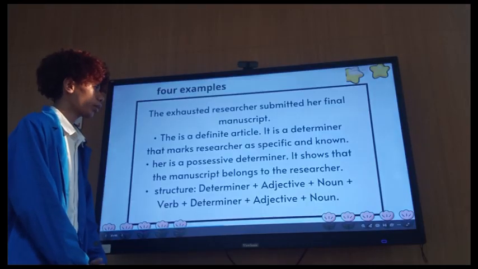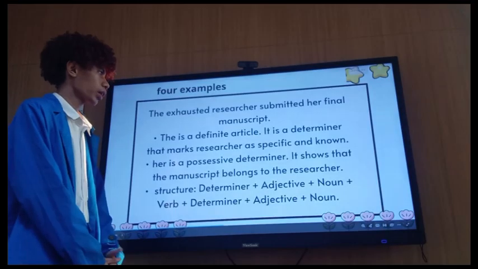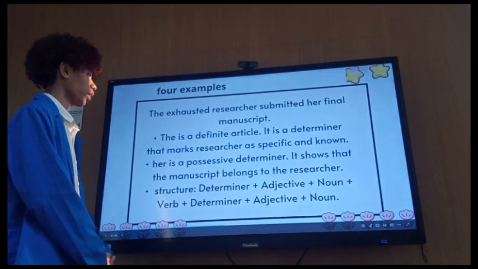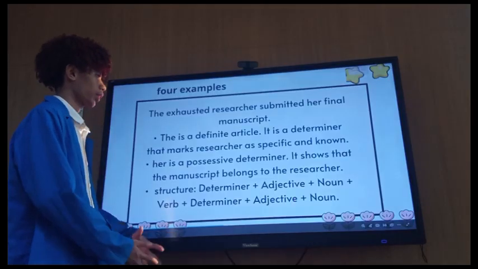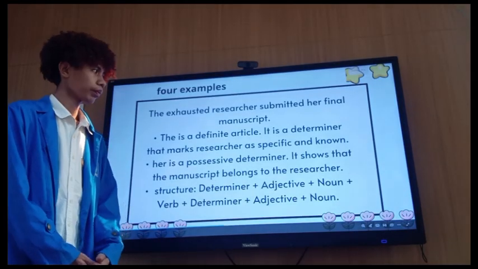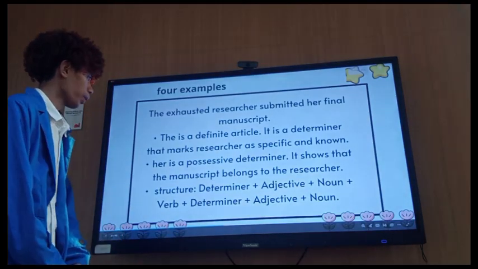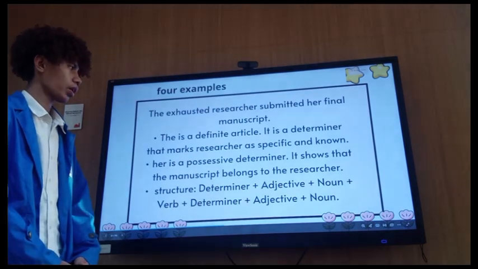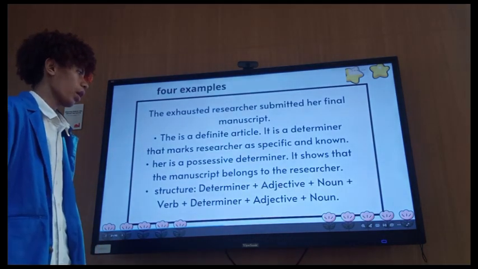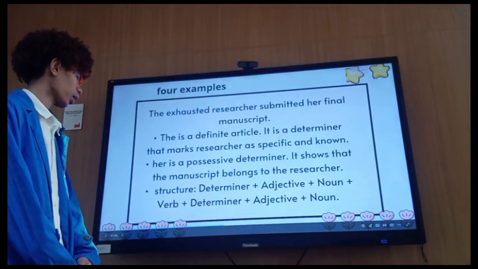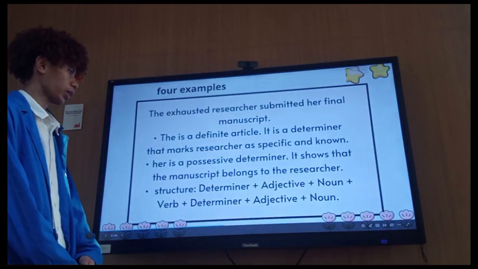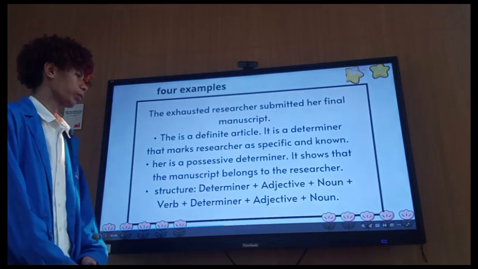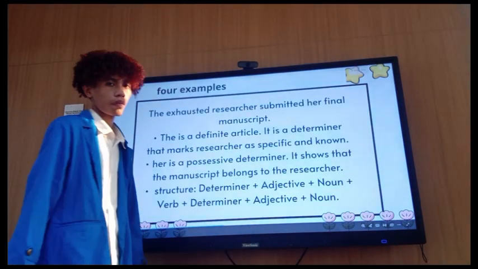The is the definite article. It is a determiner that marks researcher as specific and known. Her is a possessive determiner. It shows that the manuscript belongs to the researcher. Structure: determiner plus adjective plus noun plus verb plus determiner plus adjective plus noun.